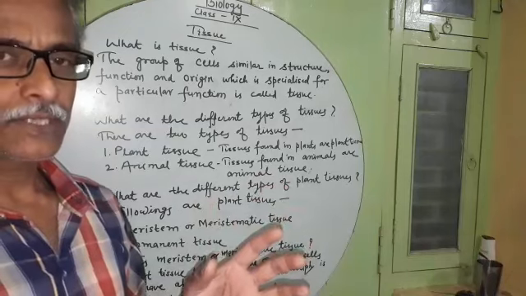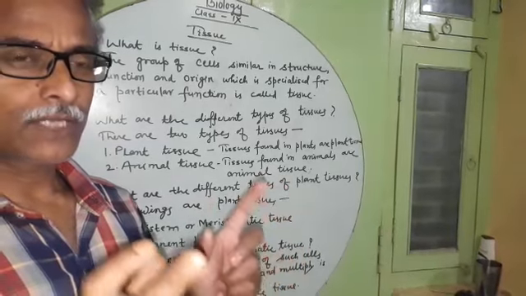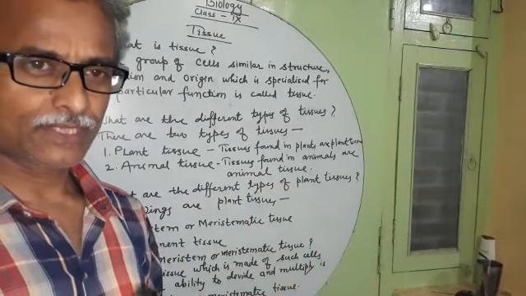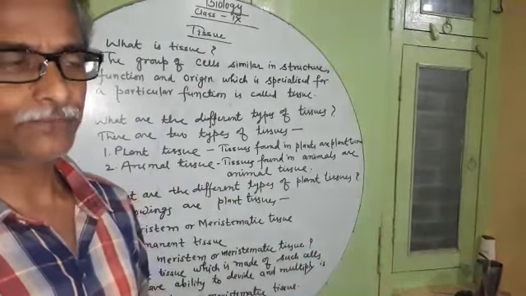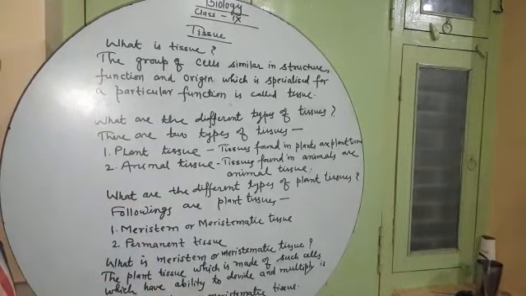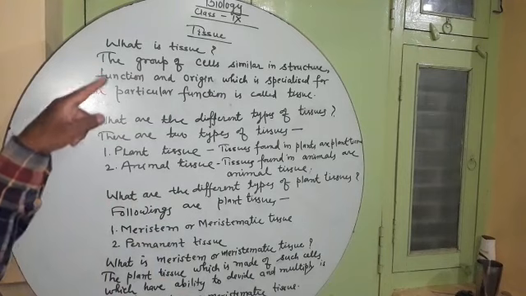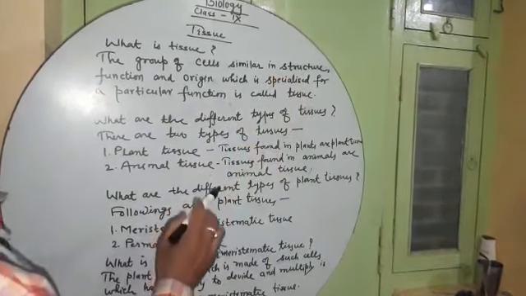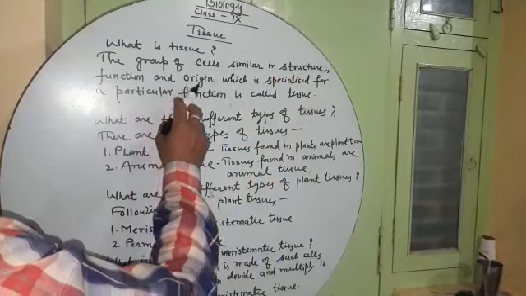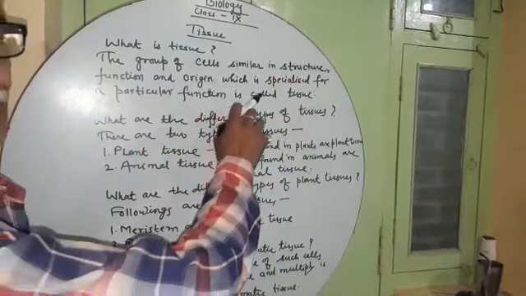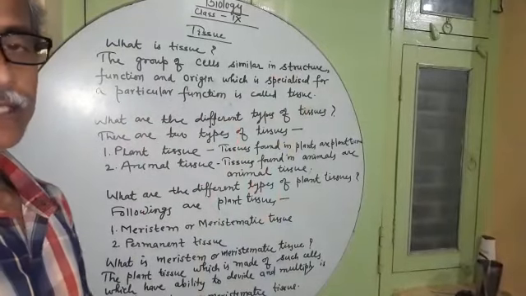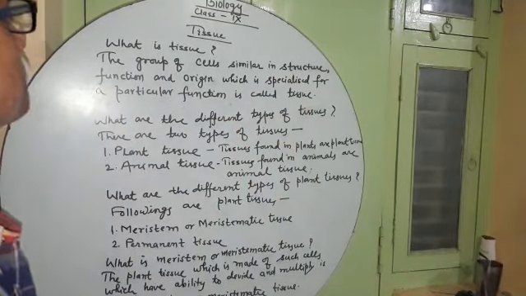This is the first organization of living units in a multicellular organism. So we can define tissue: the group of cells similar in structure, function and origin, which is specialized for a particular function, is called tissue.